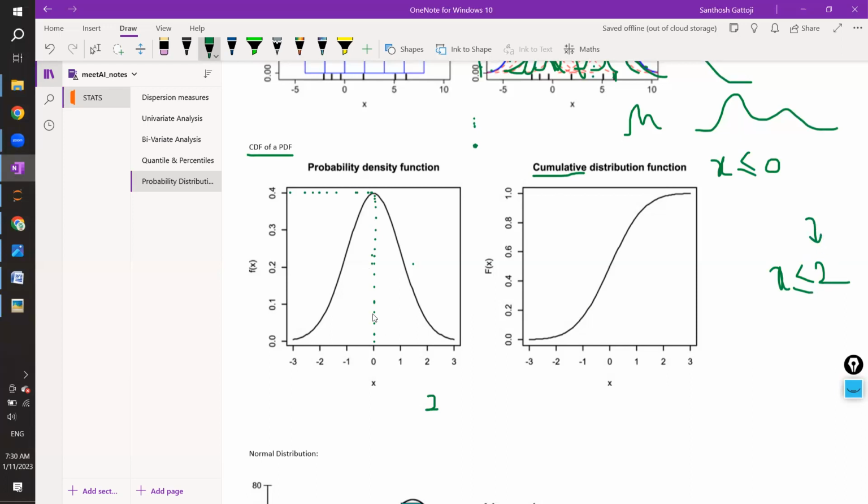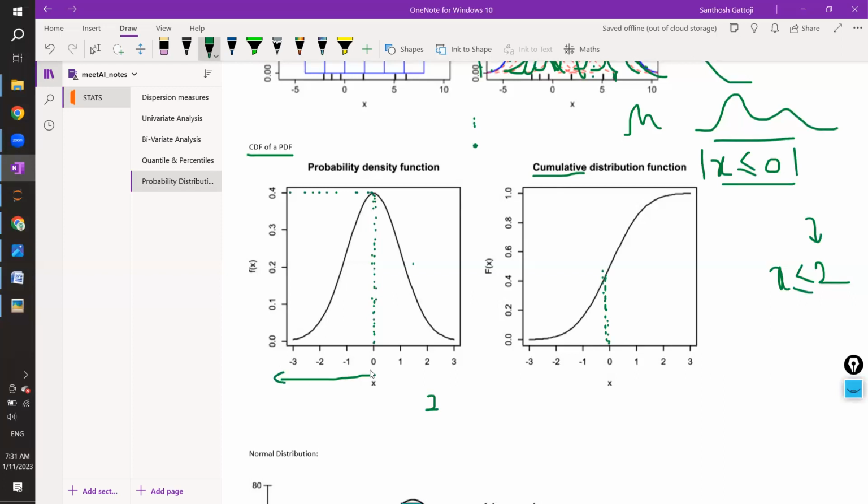So for 0 here, the PDF value is 0.4, but the cumulative distribution of 0 means less than or equal to 0.